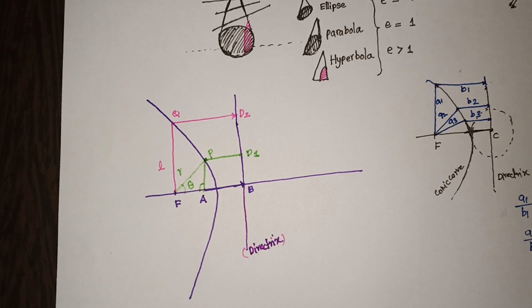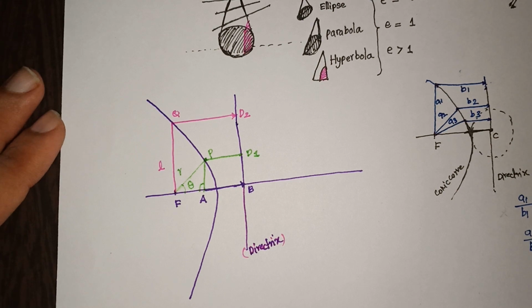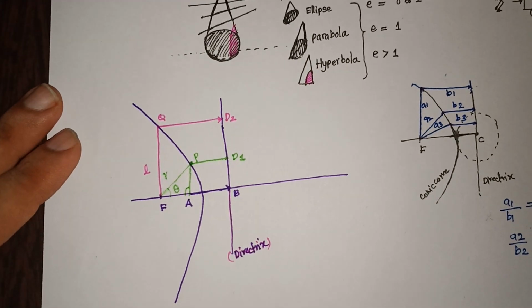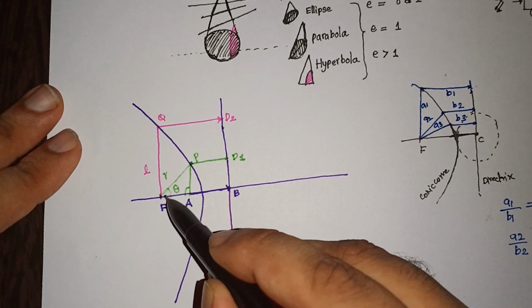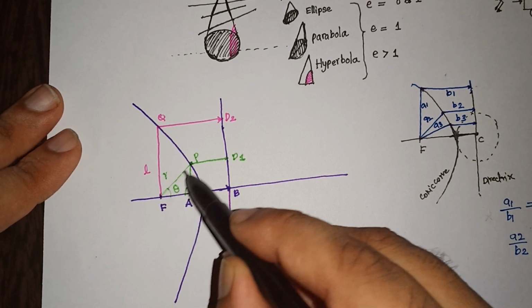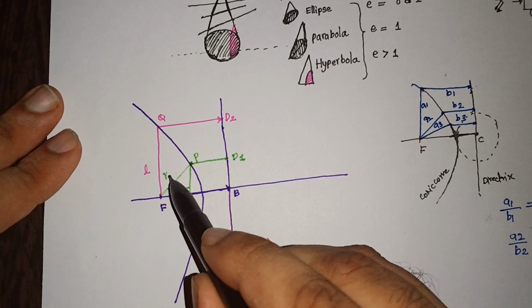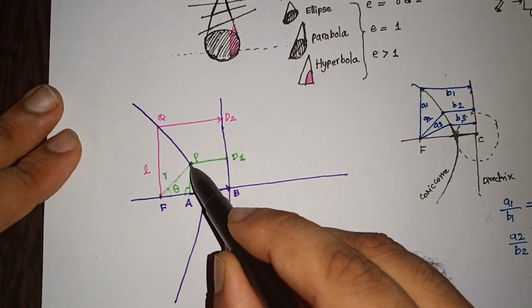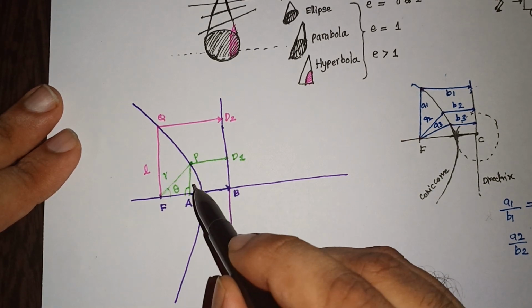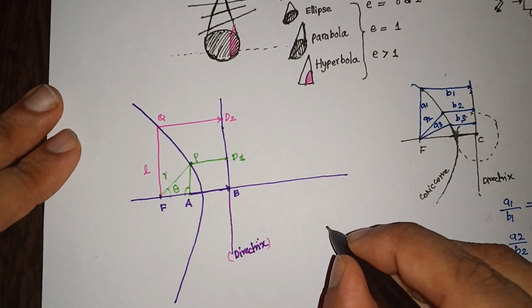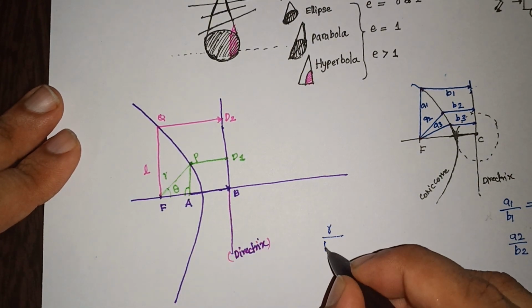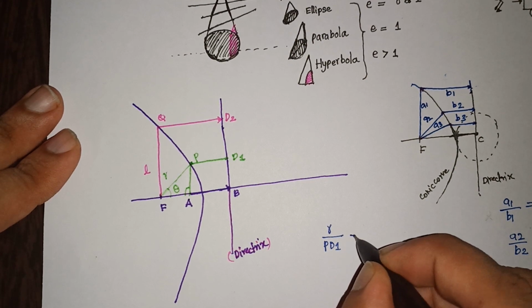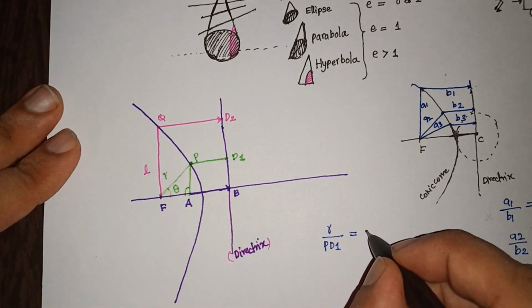Now here we need to make some geometrical assumptions. Maybe not assumptions, maybe the definitions we can say. From here we can say your focus distance FP is equal to R, is it not? So FP divided by PD1. Your FP is actually your R. So R divided by PD1 will give me your E value.